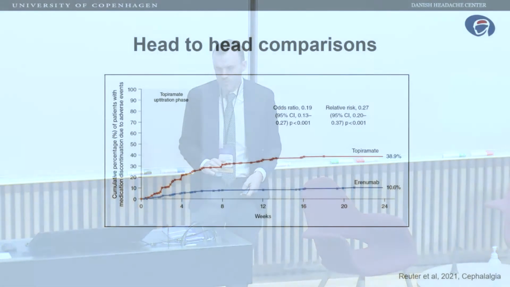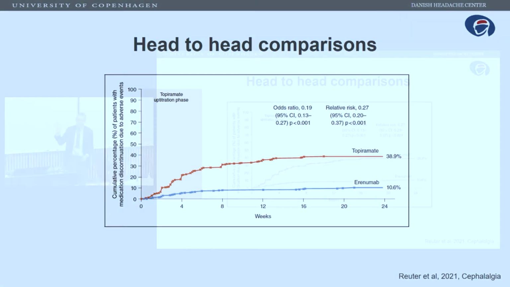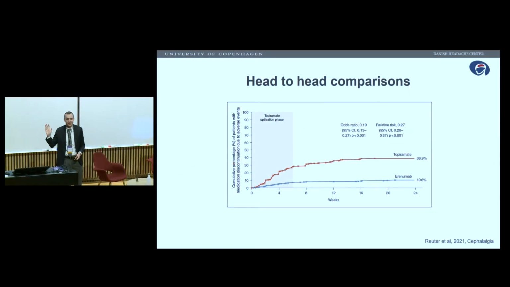So I've talked a lot about the fact that there are no head-to-head comparisons in either of these trials, but then there was one head-to-head comparison, and that's with topiramate and erenumab, and this is not efficacy. So don't take a photo of it and say this topiramate worked better than erenumab. That's not what this slide says. This is dropout rates because of tolerability issues in topiramate versus erenumab.